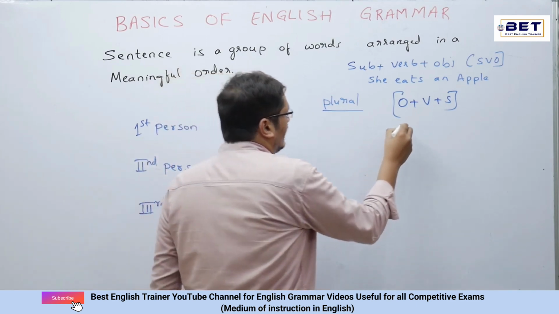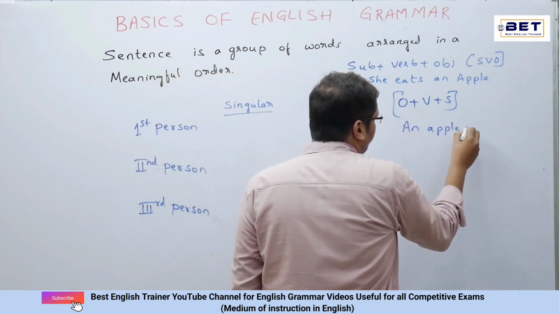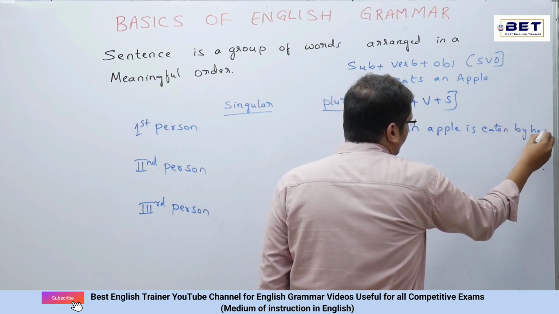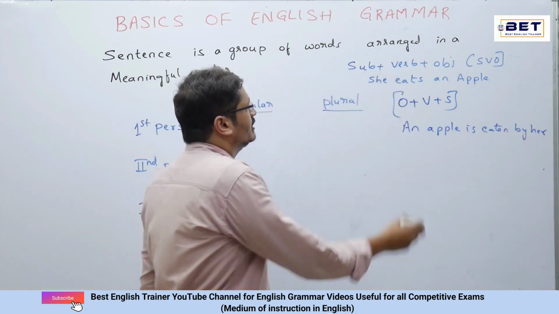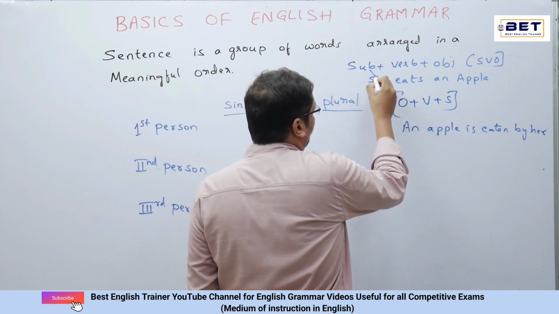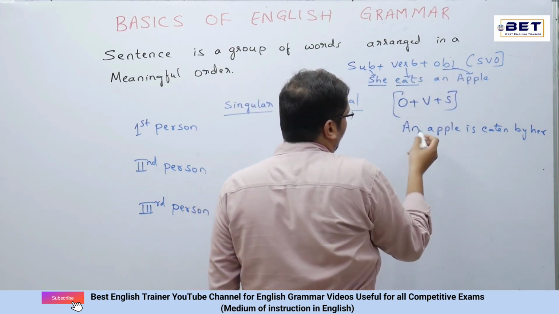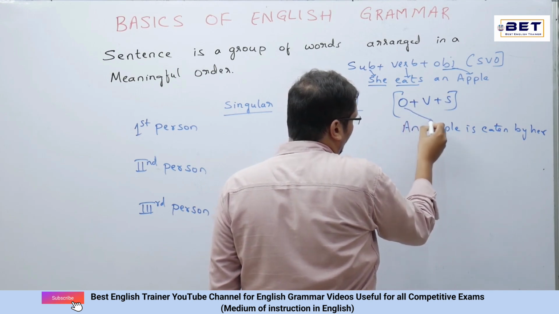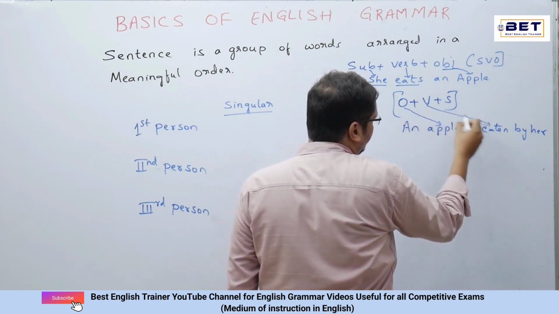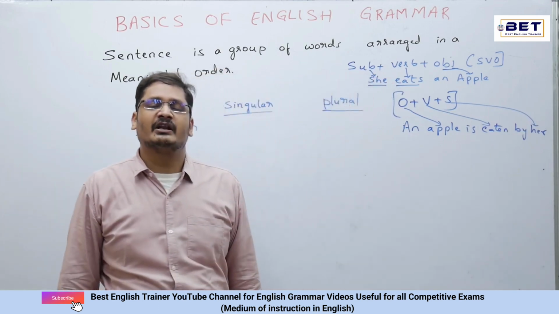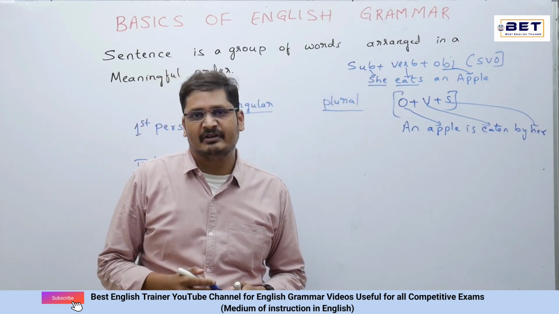For example, I said, an apple is eaten by her. Now, generally here, this is the subject. Next, here we have the verb, and this is altogether the object. Now in here, we have the object. Next we have the verb, and altogether the subject over there. That is how we generally write the SVO or OVS concept.